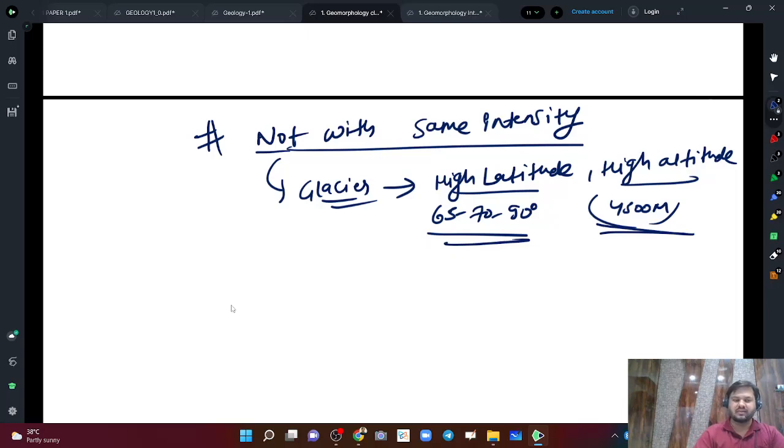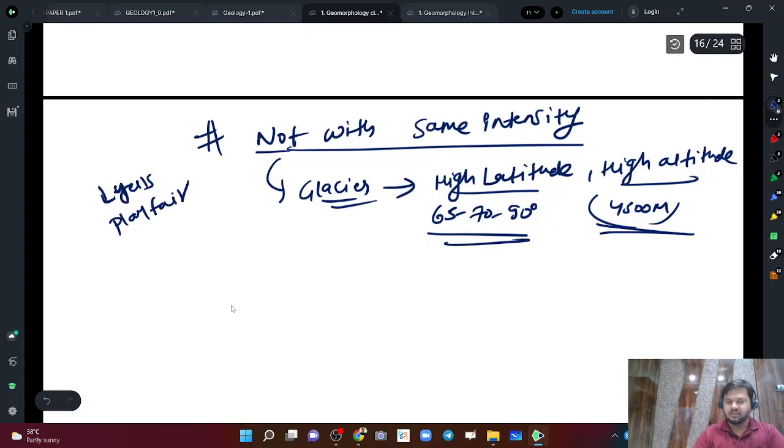So these two guys, Charles Lyell and Playfair, suggested that although glacier activities are happening at present, they happened in the past also, but not with the same intensity. For example, in Carboniferous times, and even in Pleistocene time.